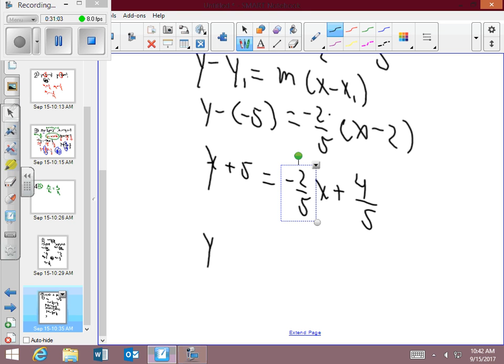So we have to have y by itself, and what are we going to do with that equation? Okay, subtract 5 from both sides. Now we've got those two constant terms, and what are we going to do with those so we can combine them?